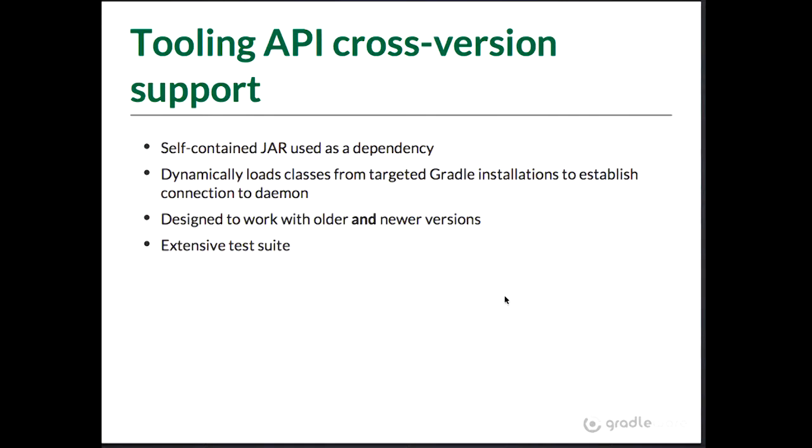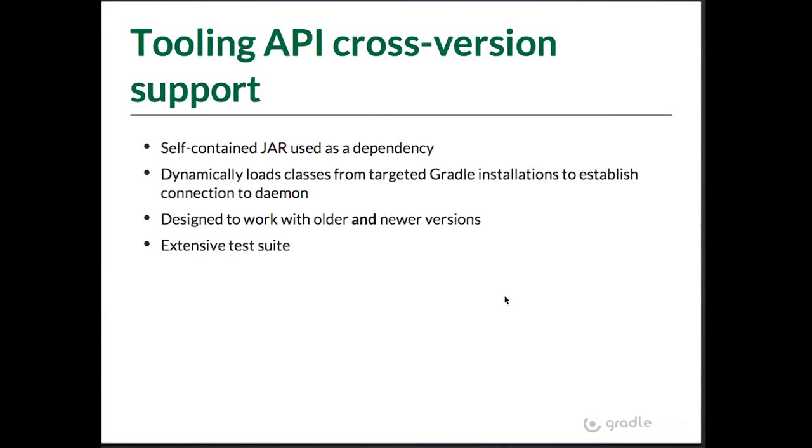In fact, I'm wondering, we don't really need to release tooling API on the same schedule as Gradle itself. It can be used independently. But for the simplicity of the process, we are releasing new versions together with new version of Gradle.